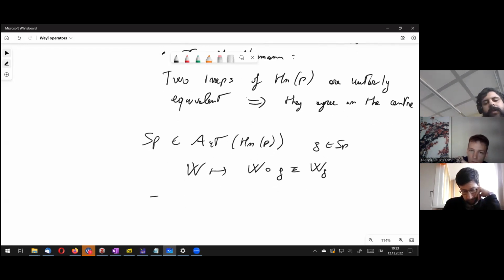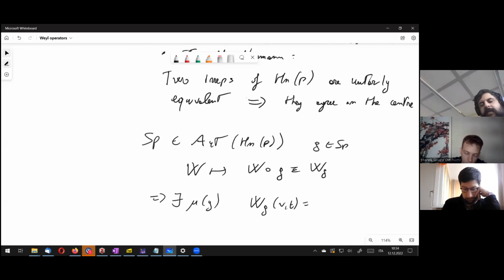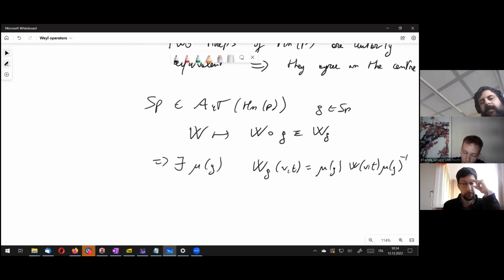So there exists an operator mu of G, a unitary operator, such that W_G of (b, t) is mu of G, W of (b, t), mu of G to the -1. And this is for any points in the Heisenberg group.